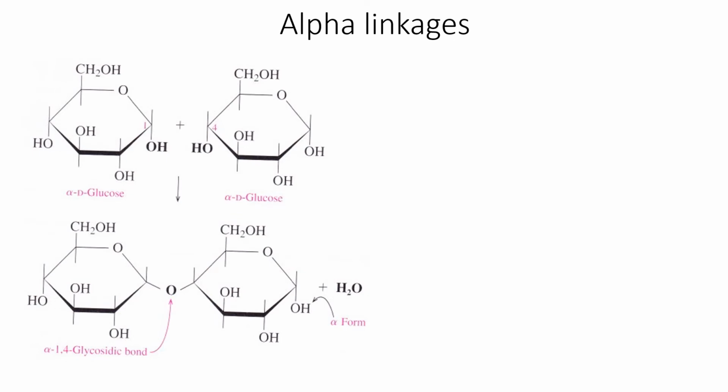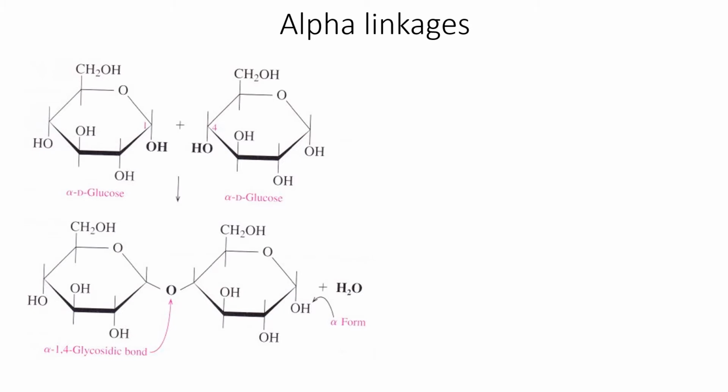So let's look at an example of forming our disaccharides. So this one, just like any of the other reactions, we're only looking at key spots in the molecule where changes are happening. What functional groups are reacting?